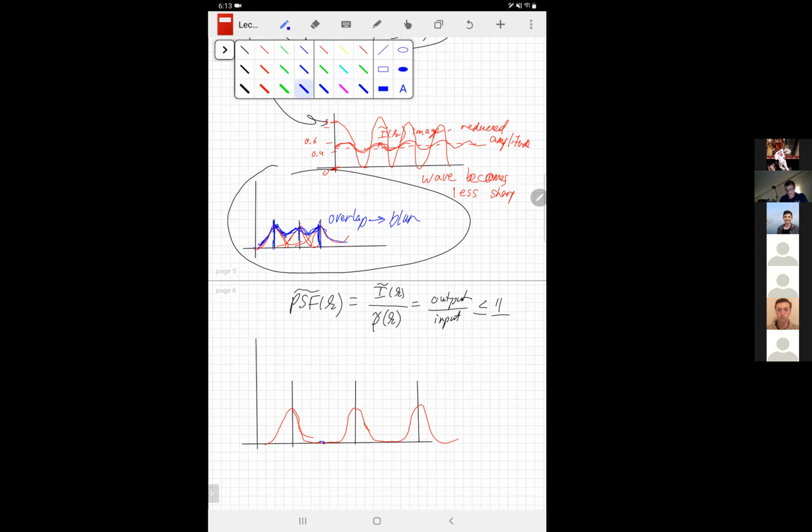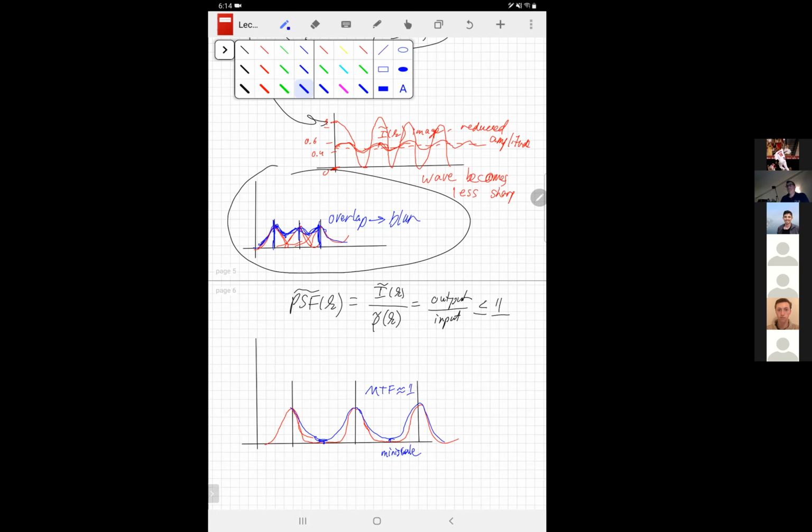So if I add up those lights, it doesn't quite go to 0. Instead of getting something tiny, I get twice something tiny, so it's a little bit further from 0. But still, this is really minuscule. We're hardly losing anything there. So I would say that our modulation transfer function is close to 1. It's approximately 1.